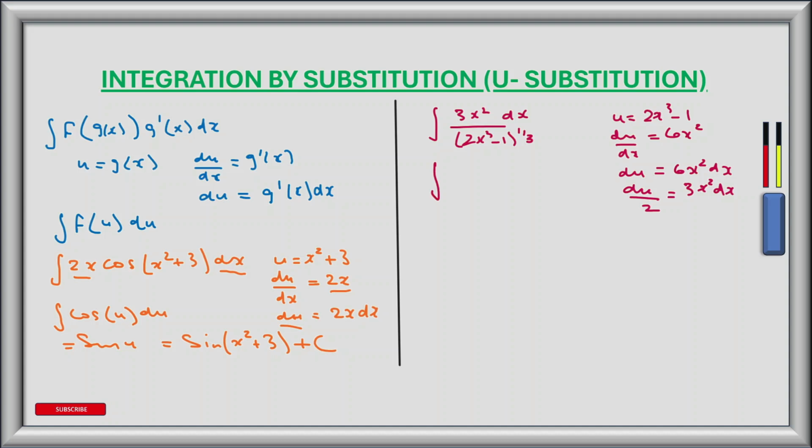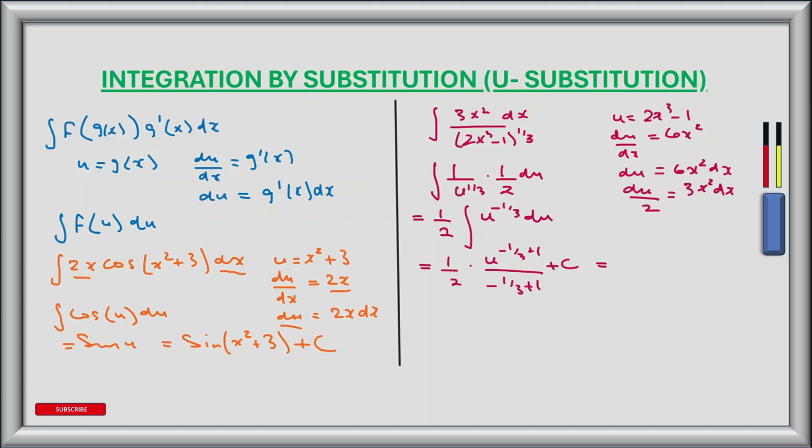So we have the integral. Substituting for u, we have 1 divided by u to the power of a third multiplied by, and substituting for 3x squared dx, we have a half du. So tidying this up a little bit, we take the half outside the integral sign, and we have the integral of u to the power of minus 1/3 du. So if we now integrate this, we have a half times, using the power rule, u to the power of minus 1/3 plus 1 divided by minus 1/3 plus 1, plus a constant.